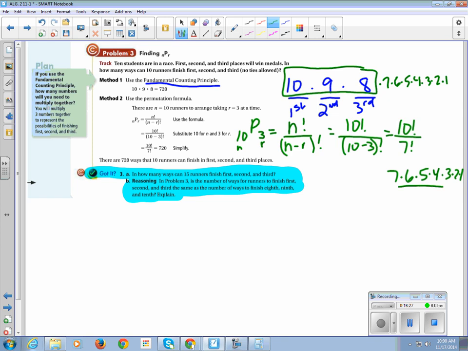So it's interesting how that worked out. So the answer is 720 different ways that 10 runners can finish first, second, and third. So you just go 10 times 9 times 8, or if you do it on your calculator, 10 factorial divided by 7 factorial.